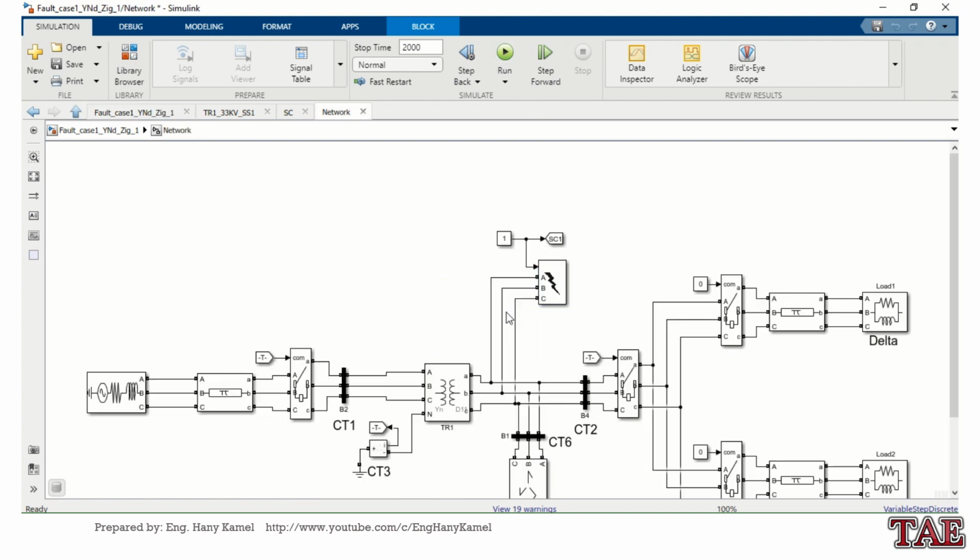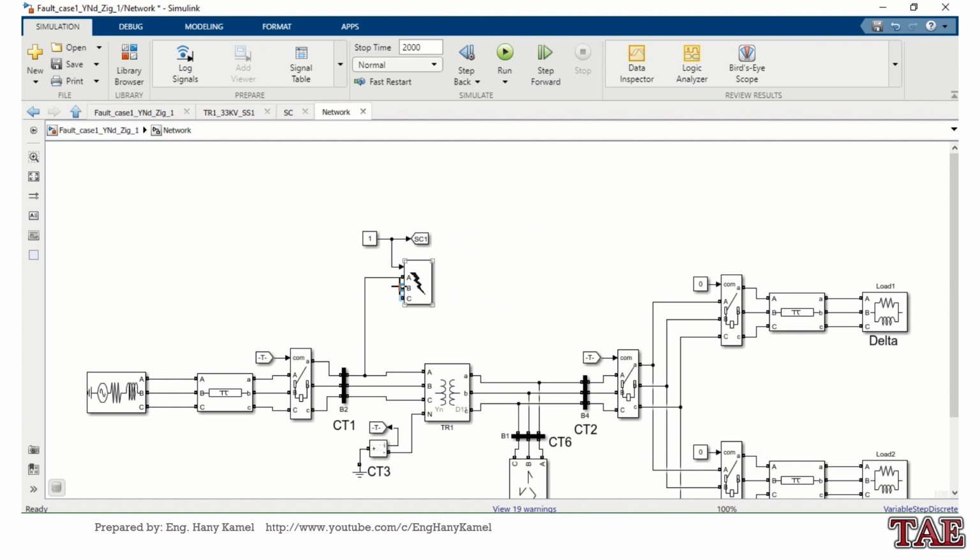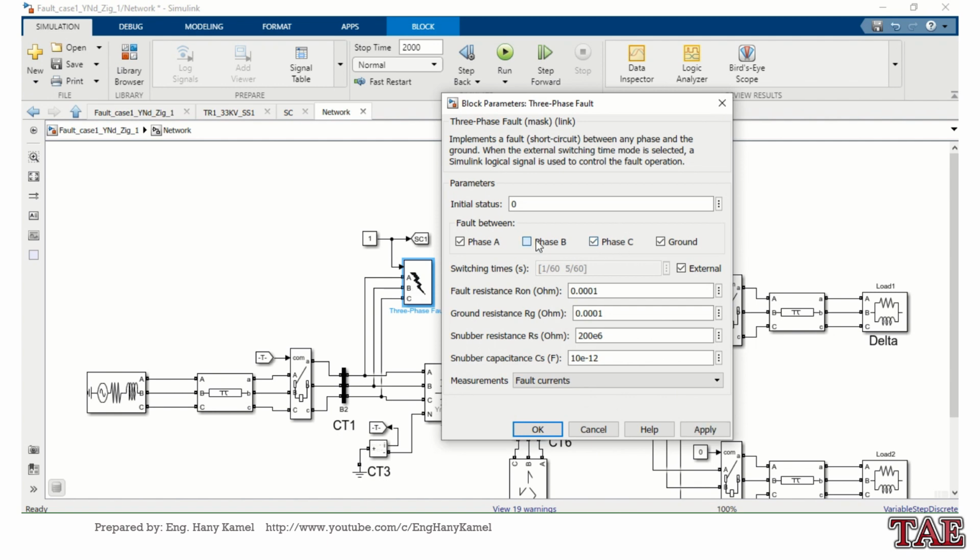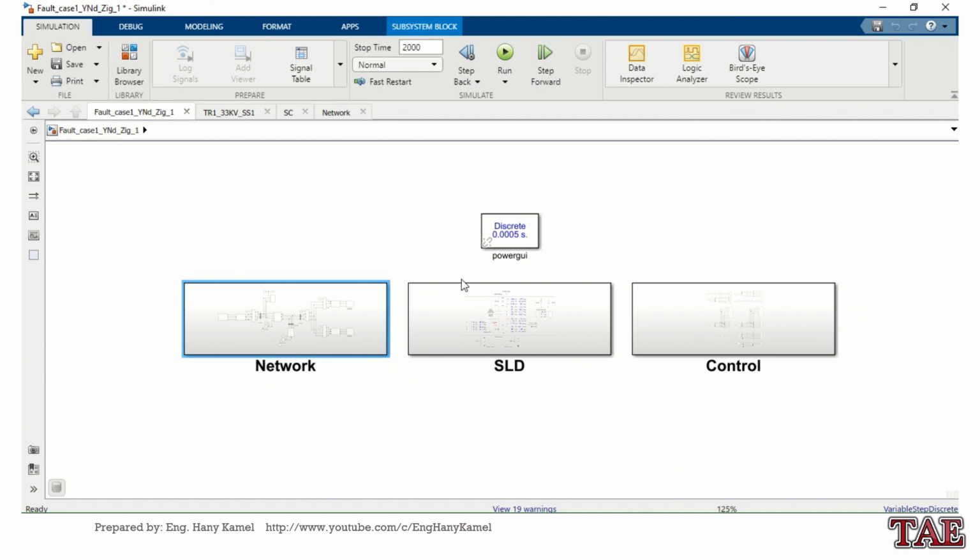Now we will shift our fault to the 132 kV side, and I will start with 3-phase fault.